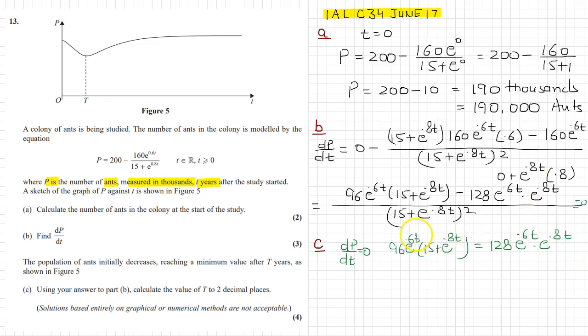Now e to the power 0.6t can be cancelled. So 96 can be divided here. So 15 is equal to 128 over 96.